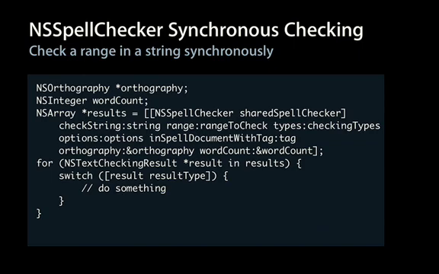So what we've done is to make these sorts of checking available with one very simple API on a spell checker. Well, okay, maybe this doesn't look so simple. Let's go through it. The first thing you do is pass in a string, the string you want to check. That's pretty obvious. And you pass in a range in the string that you want it to look at.